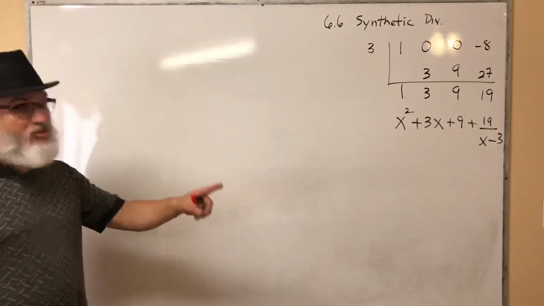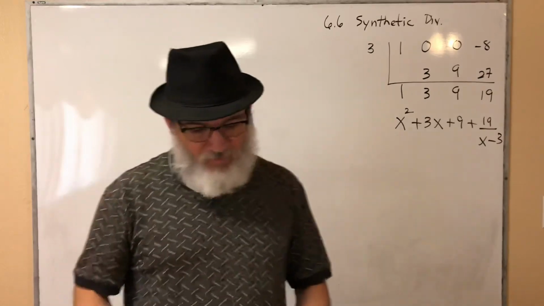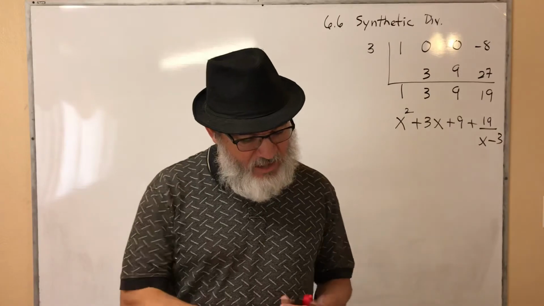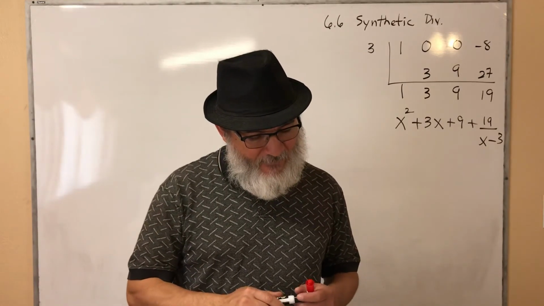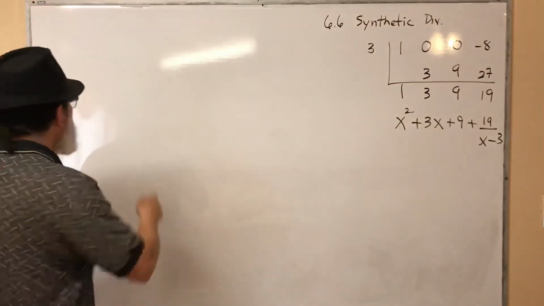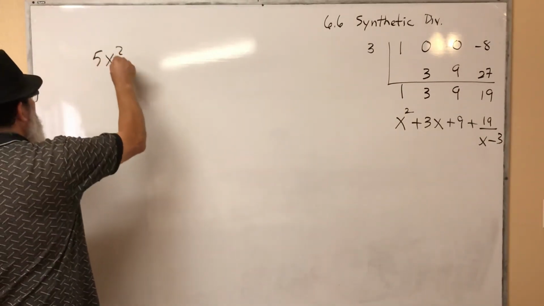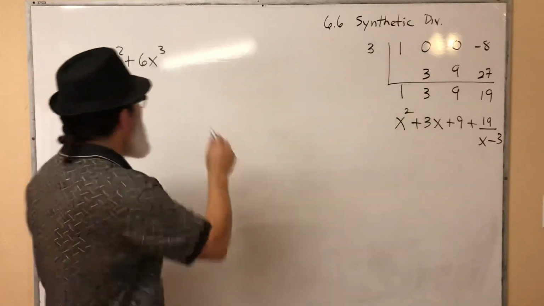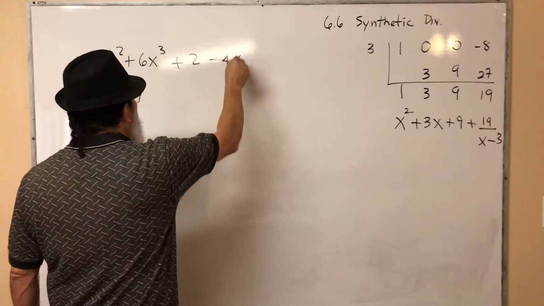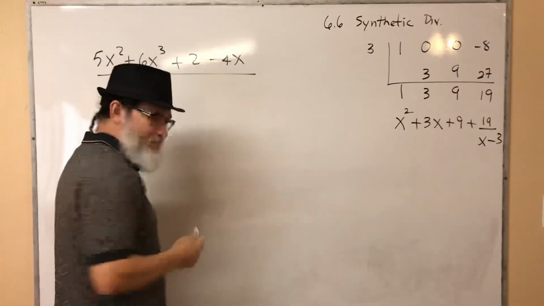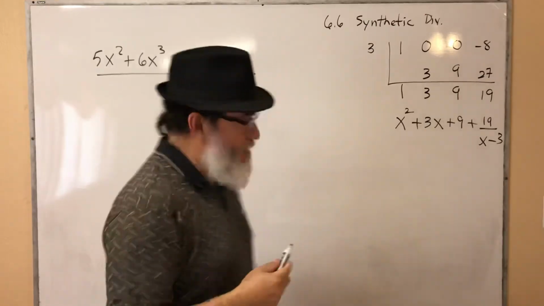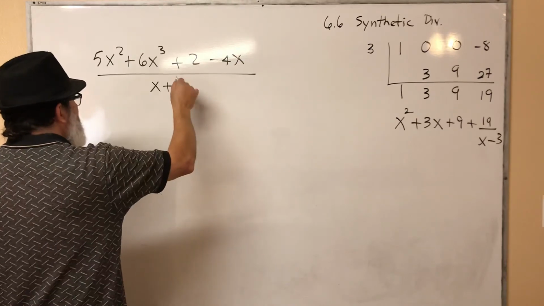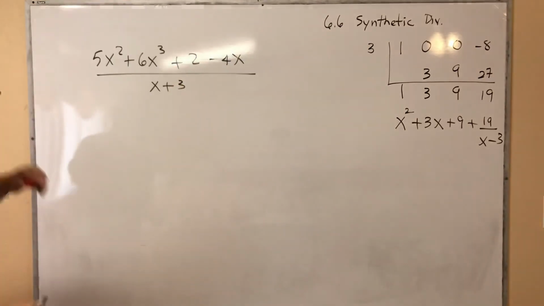So we're doing section 6.6, okay? Let us take, for example, 5x squared plus 6x cubed plus 2 minus 4x divided by x plus 3.